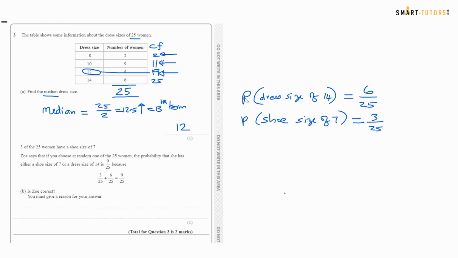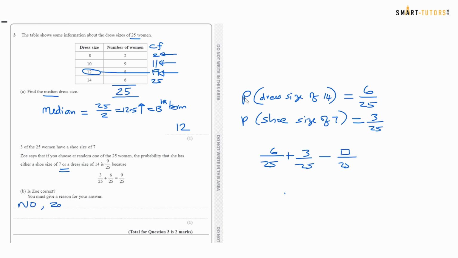So if you think about it, the question is about she has either a shoe size of 7 or a dress size of 14. Or means you need to add. So 6 upon 25 plus 3 upon 25, but there may be some women have both shoe size 7 and the dress size of 14. We need to take away how many of them have that one. So we have no knowledge of that one. So 9 upon 25 is wrong answer.